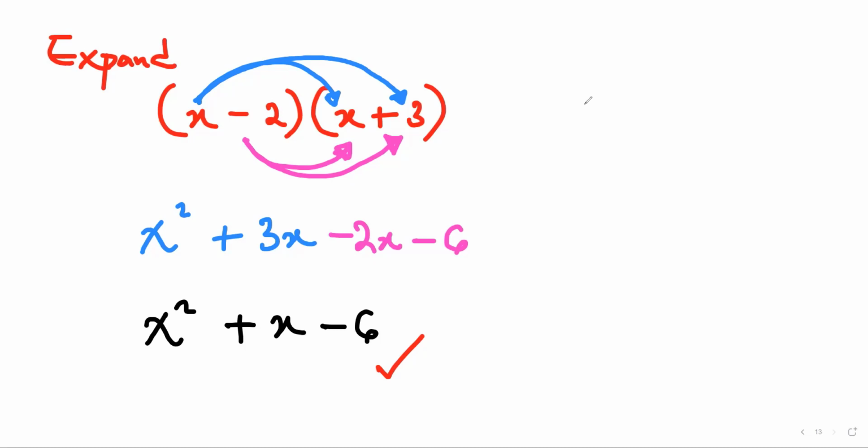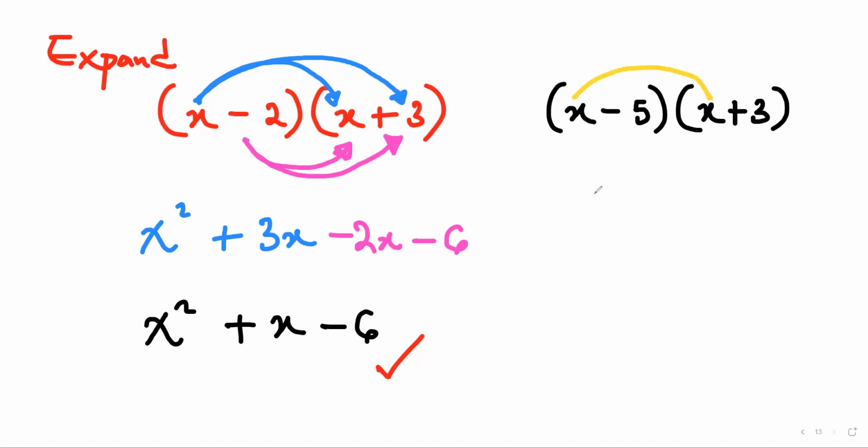Okay. Here, again, let's say we have this one here, x minus 5, and then here you have x plus 3. So how do we go about this? x times x, which is x squared. And then x times plus 3, which will give you plus 3x.